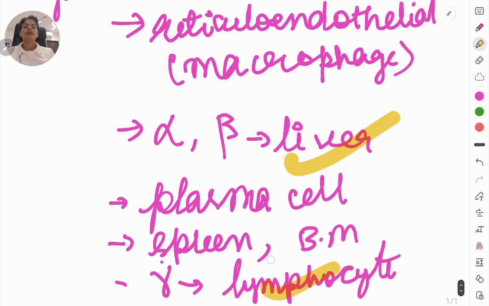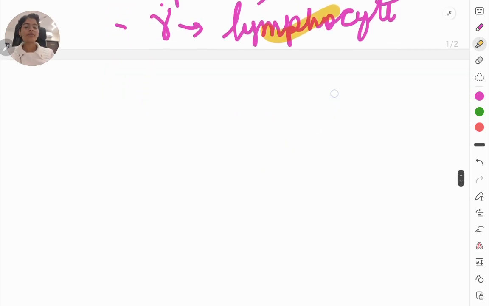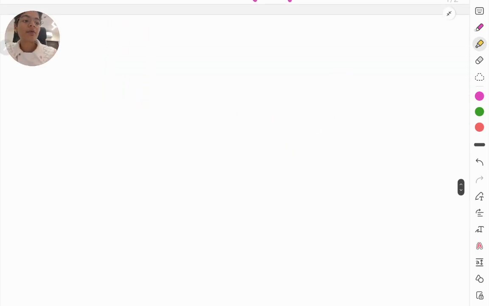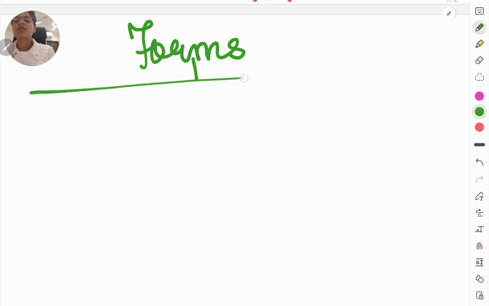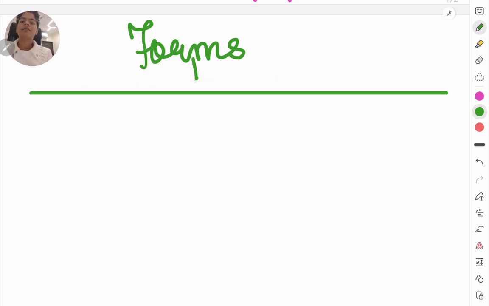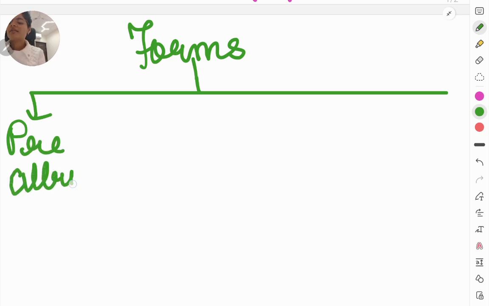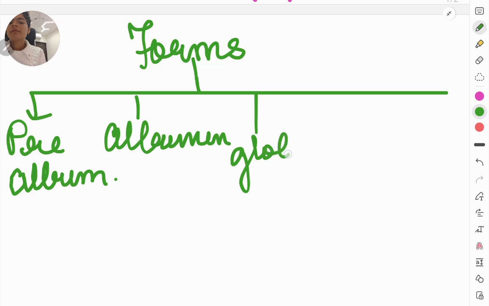Now also we have to know the forms of plasma protein. Forms of plasma protein are pre-albumin, albumin, globulin, fibrinogen, and prothrombin.